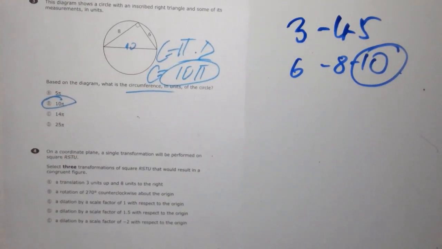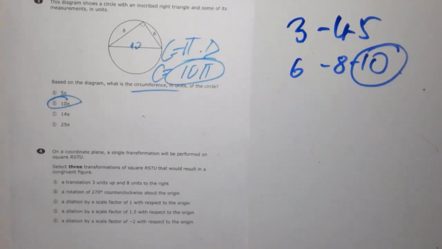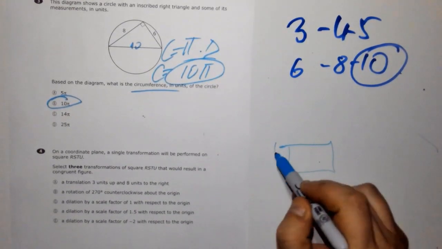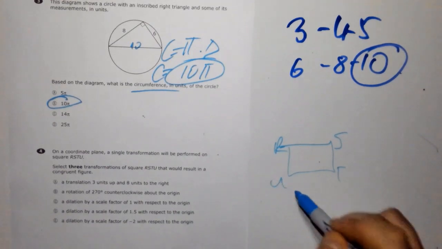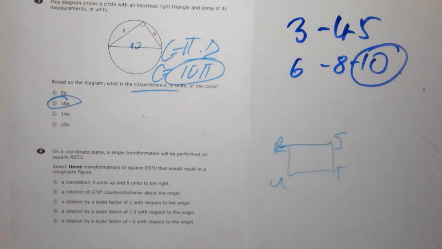Next question. On a coordinate plane, a single transformation will be performed on the square RSTU. Select 3 transformations of the square RSTU that would result in a congruent figure. So what is a congruent figure?